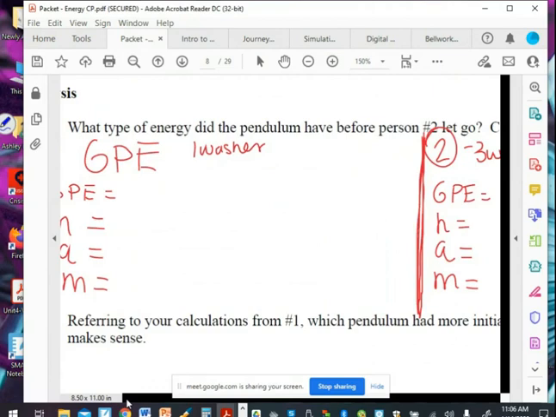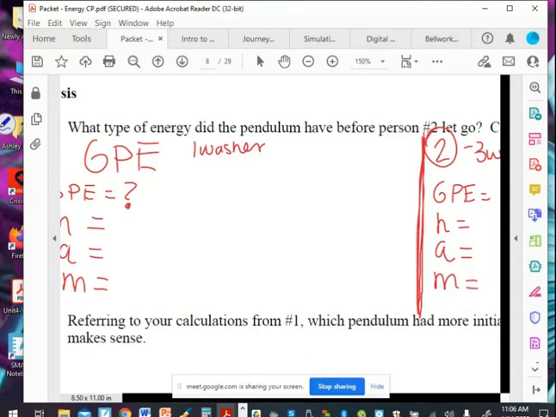Okay. So when I look at data table 1, let's do this calculation first. I know that my GPE is what I need, so that's going to get my question mark, right? My height is the height that it was dropped from. Now be careful here, because some people in 5th hour tried to write 50 centimeters down.